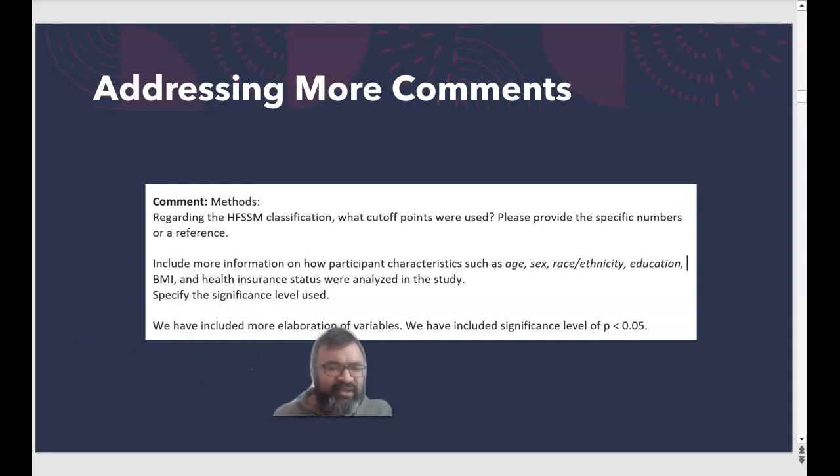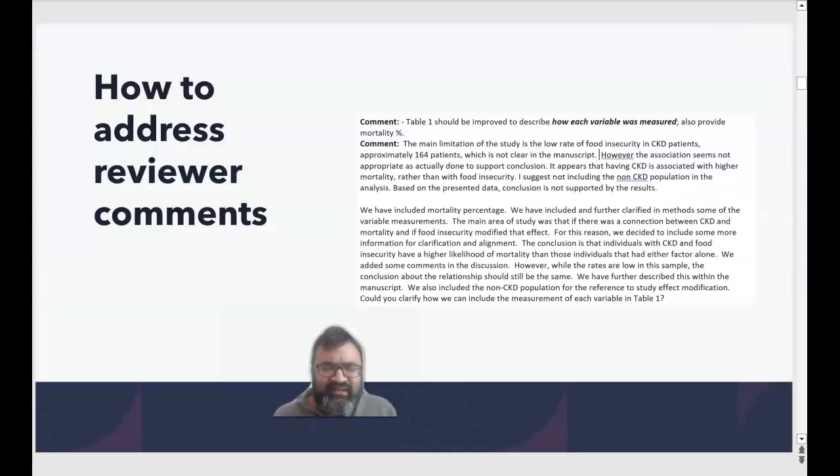So let me revert to this and actually read some of these comments. Table 1 should be improved to describe how each variable was measured. I didn't necessarily include table 1. However, if you looked at table 1, there is no way possible to include all of the operationalization of each of the variables.